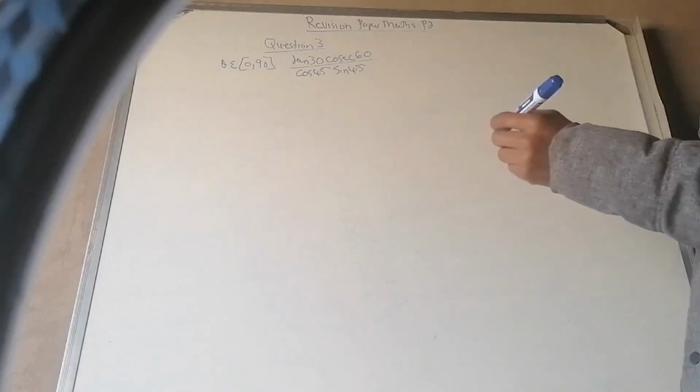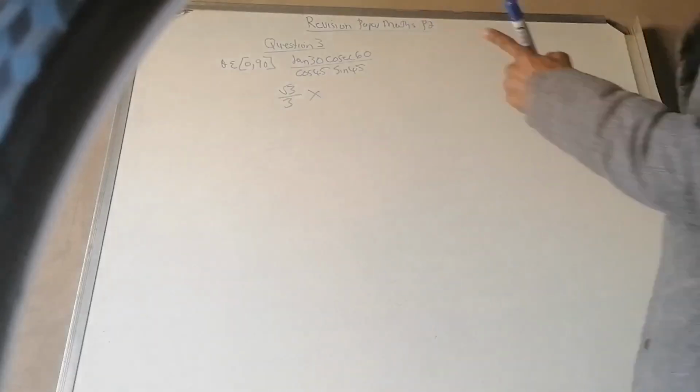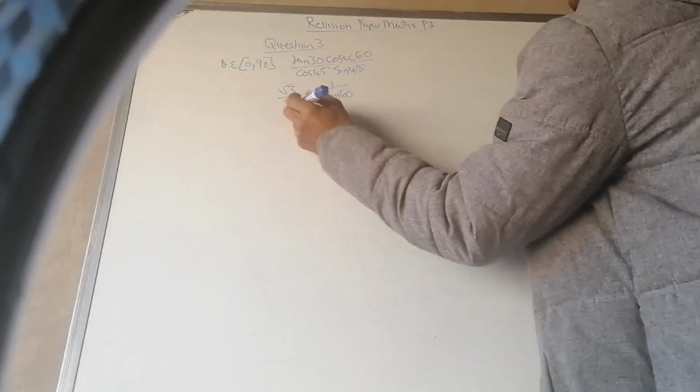Give it as a fraction: square root of 3 over 3. Now cosec is 1 over sine, so 1 over sine of 60.